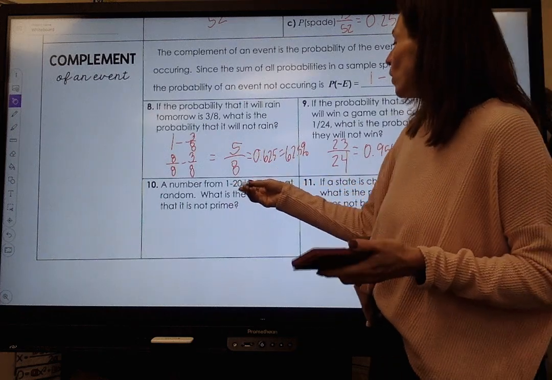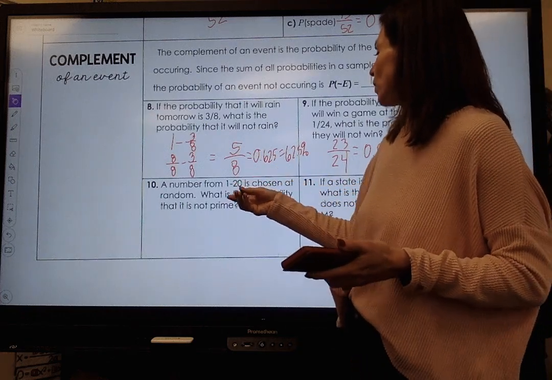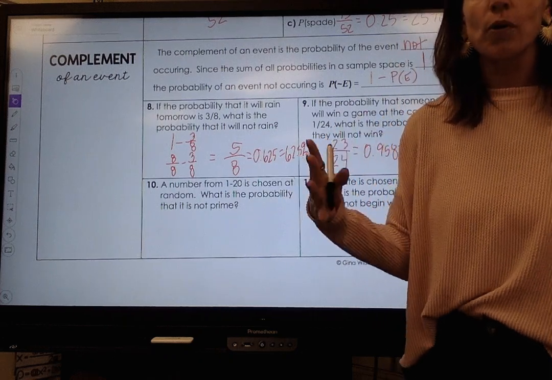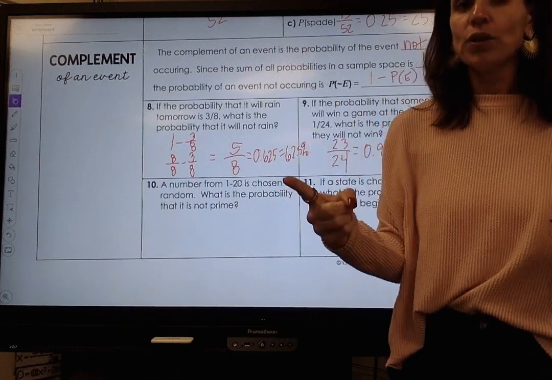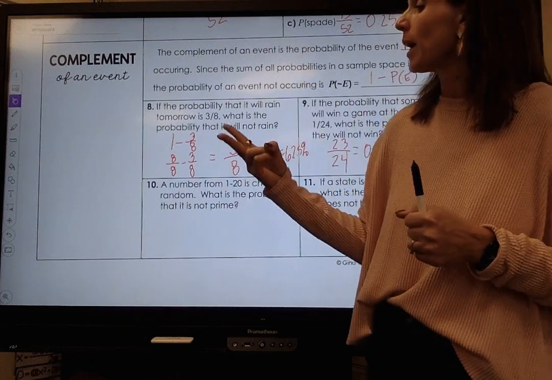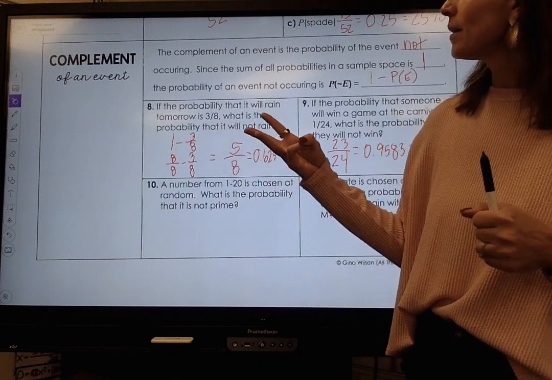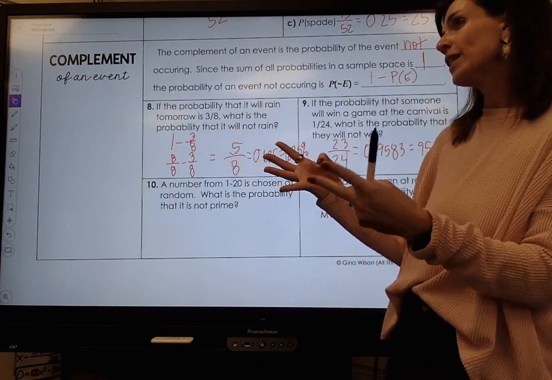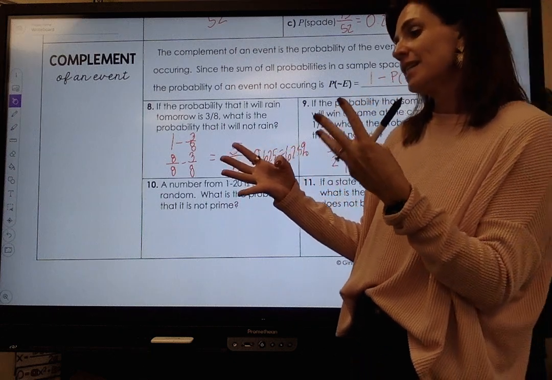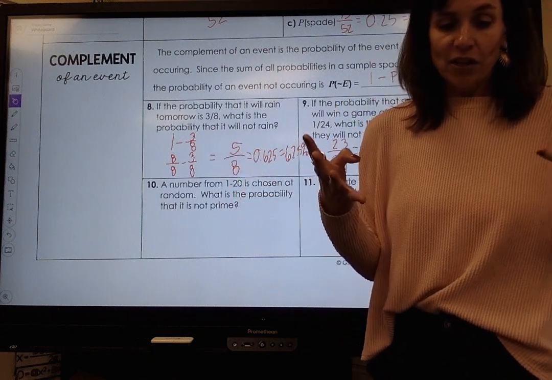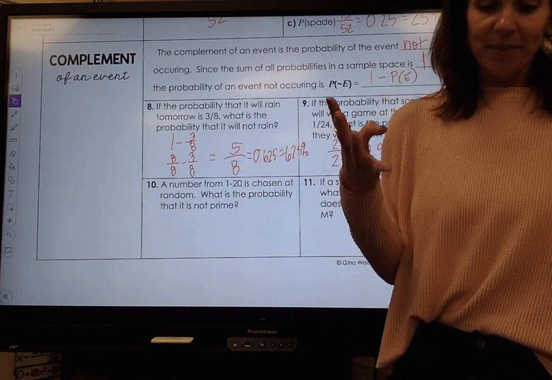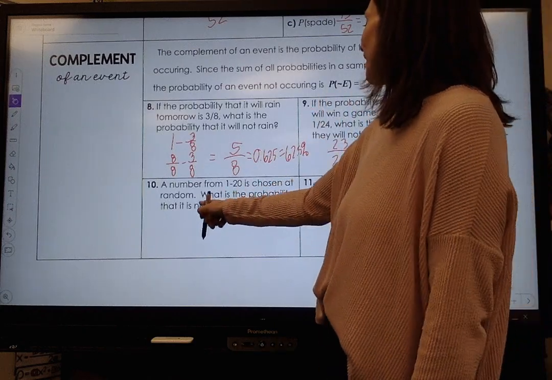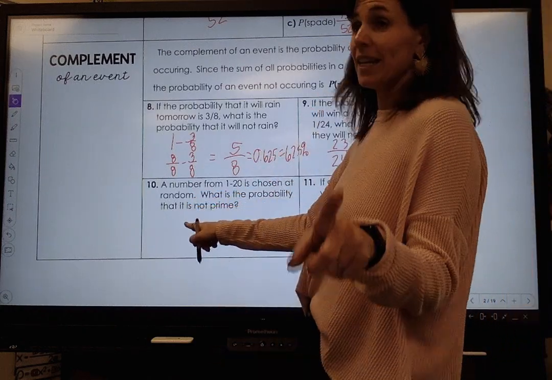A number from 1 to 20 is chosen at random. What is the probability that it is not prime? Well, how many numbers are prime? You've got 2 is prime, 3 is prime, 5, 7, 11, 13, 17, and 19. So you've got 8 that are prime.